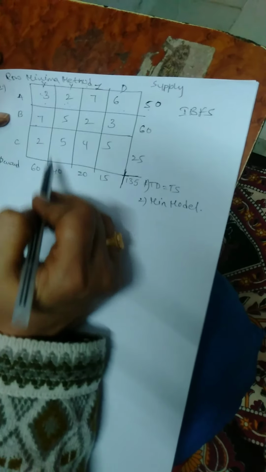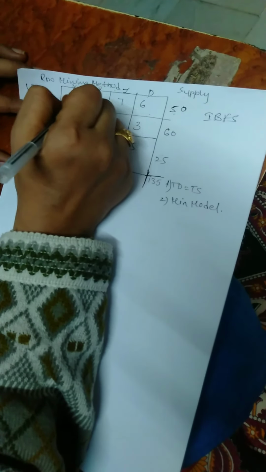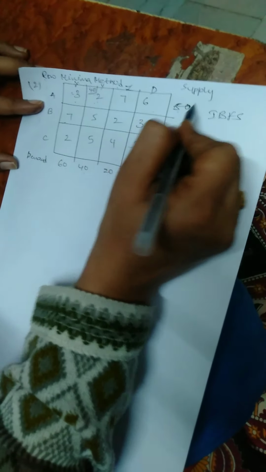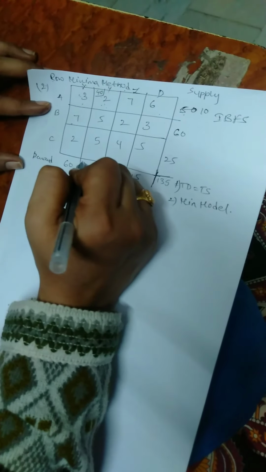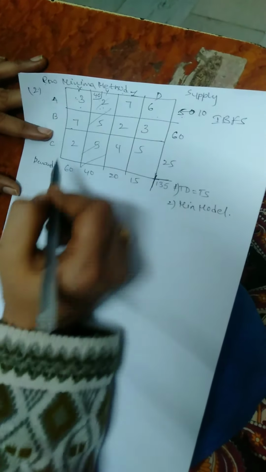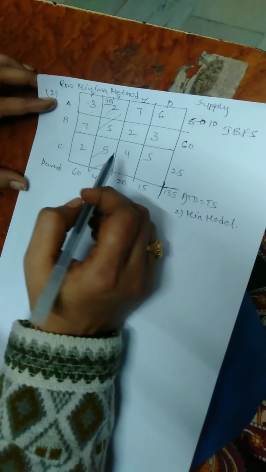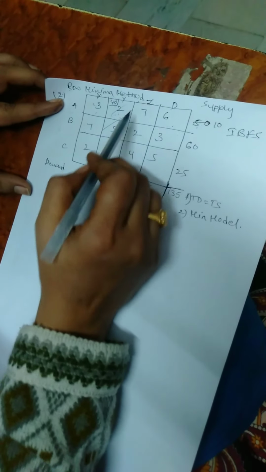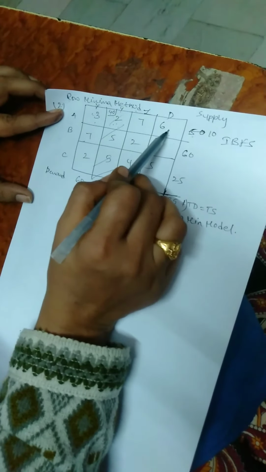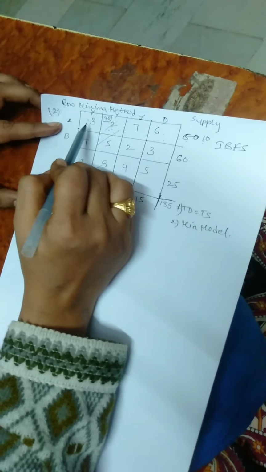Whichever is lesser, that many units we have to allocate. 40 is lesser, therefore allocate 40. Here 10 more units are to be supplied, and strike off this column because 40 units are already supplied.